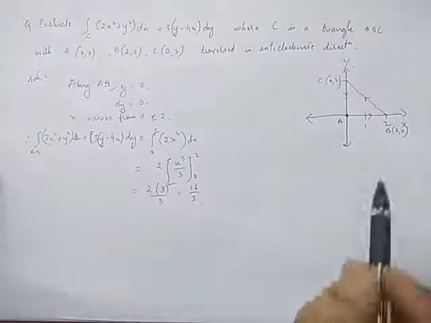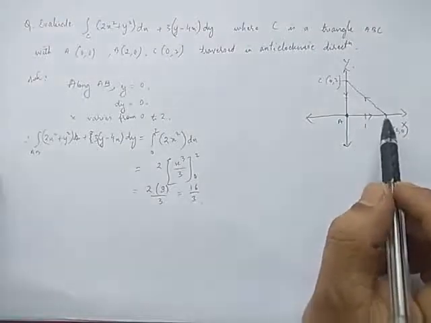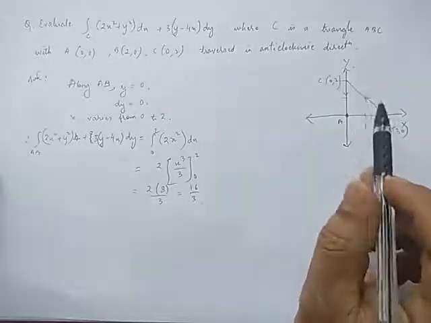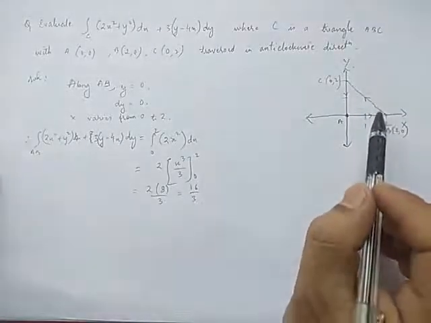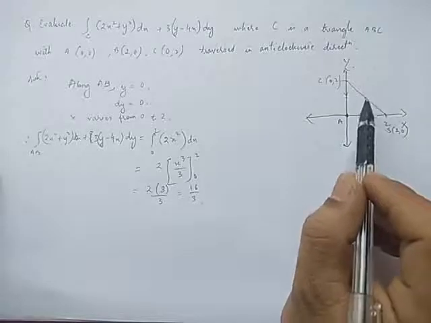Now we have a path B to C. For B to C, we have to find the equation of this line.